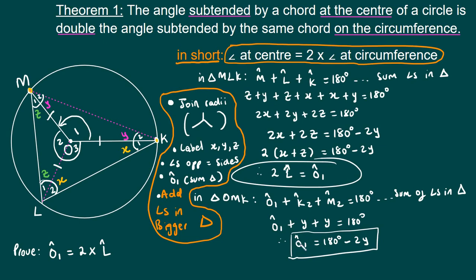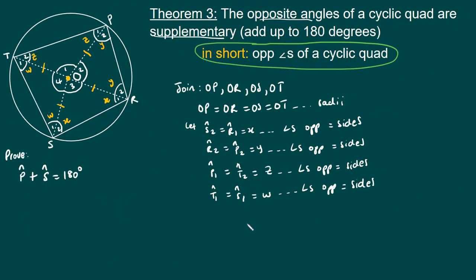Whereby you look for the expression of O1. So for this one, that is what you are also going to do. You're going to look for the expression for O1. So you're going to say angle O1 is in this triangle. Angle O1 plus angle P1 plus angle T2 must give you 180 degrees.